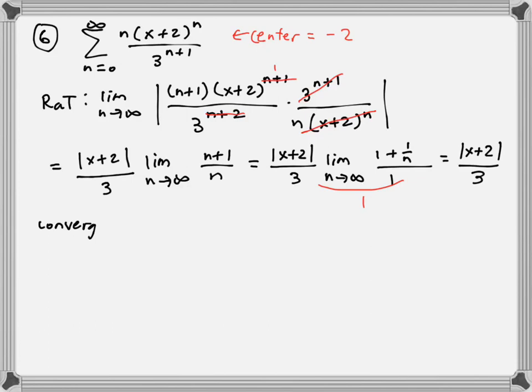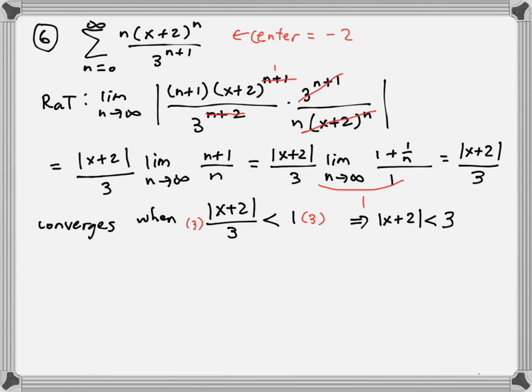So we now know that it converges when the absolute value of x plus 2 over 3 is less than 1. But does that mean 1 is our radius of convergence? No, because we need to isolate the absolute value. So if we multiply both sides by 3, this says that the absolute value of x plus 2 is less than 3. So we just found our ROC, right? Our ROC is 3.